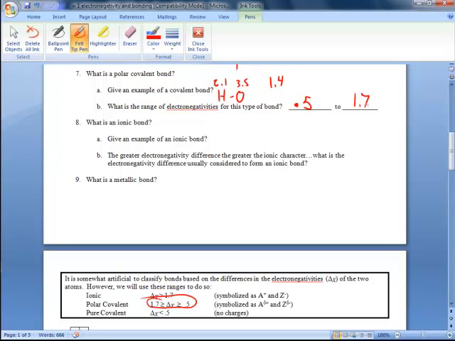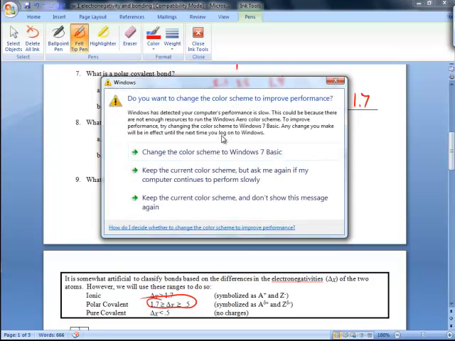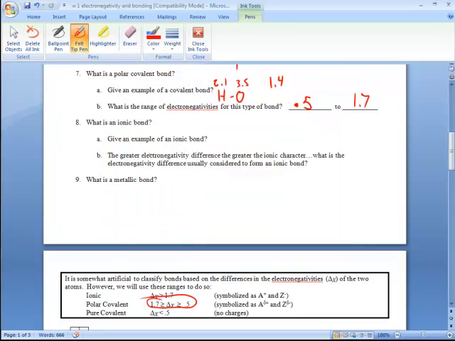What is an ionic bond? An ionic bond is where the electrons are transferred. What's an example of an ionic bond?